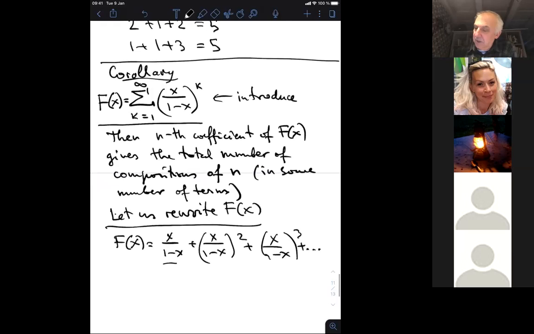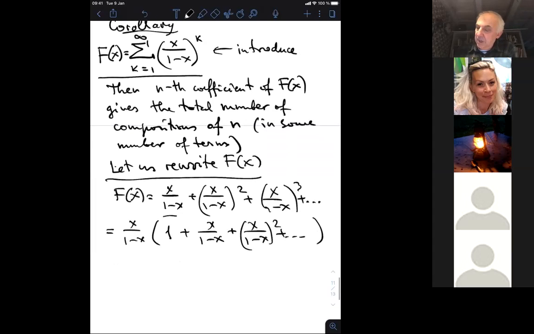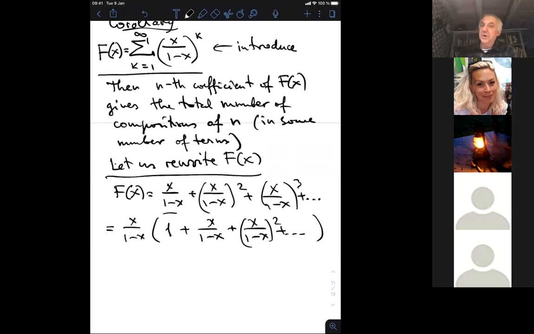So let me factor out x over 1 minus x, and then I write 1 plus x over 1 minus x plus x over 1 minus x squared, and so on. And I'll use the formula for the geometric power series again. So this would be 1 plus q plus q squared plus and so on, and this is equal to 1 over 1 minus q, under the assumption that the absolute value of q is less than 1.